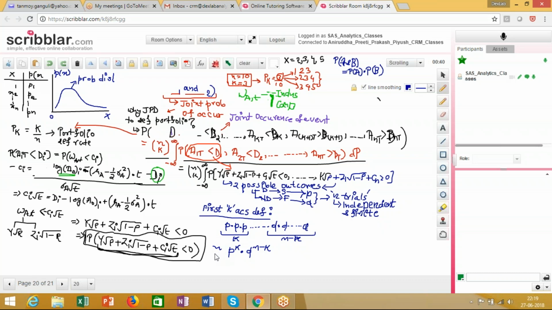I can select k number of successes out of n in nCk ways. So this is the formula for nCk, and this expression is known as the binomial distribution. Most of the lending process that we have with us is based on the binomial distribution. It has at its base, or in its background, the binomial distribution.